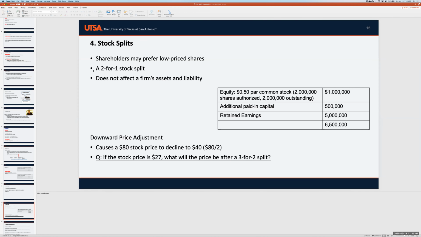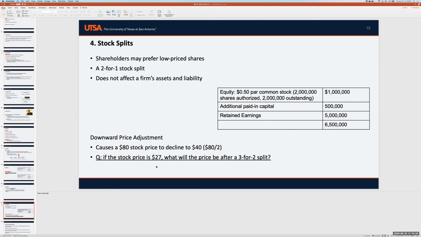Let's say we have a 2-for-1 stock split, and the value of the company is the same, but the company decided to issue new stocks. So basically, if they have a split of 2-for-1, the value of the stock declines from 80 per share to 40 per share because the split is 2-for-1.